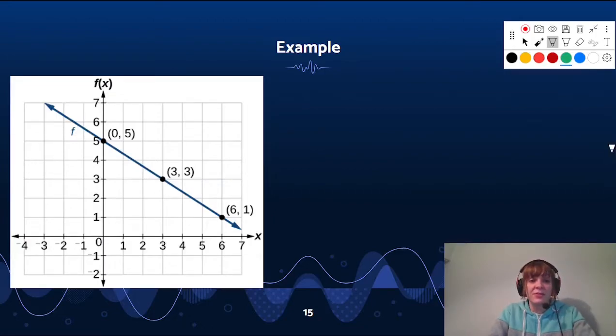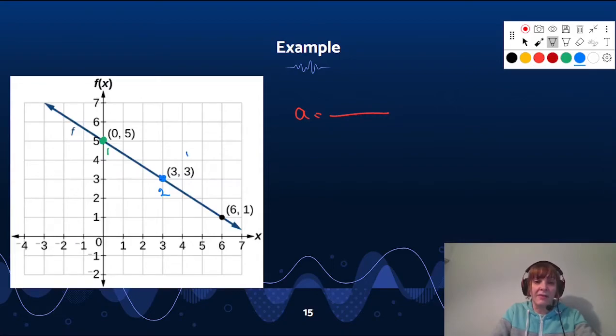So I'm going to choose this point right here. This is going to be my point 1, and then I'm going to choose this point here as my point 2 right there. So I'm going to use my formula. A is equal to my rise over my run, okay? So my rise is dealing with the y's of this.